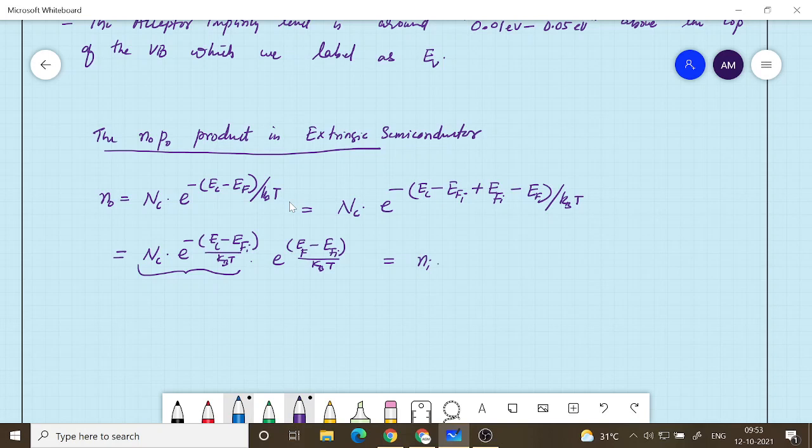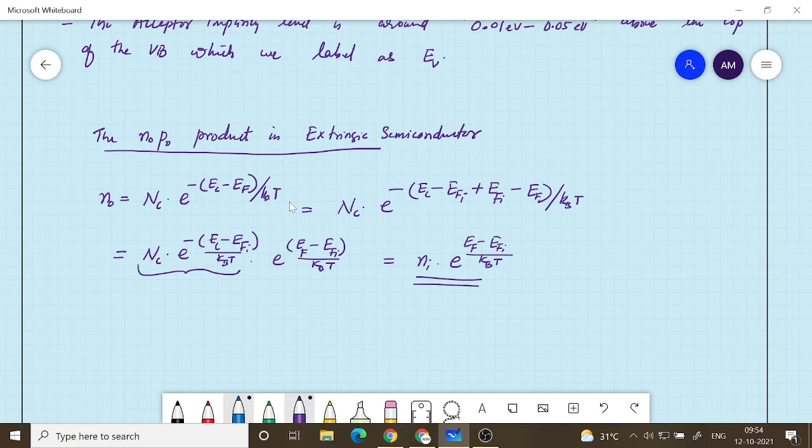So I am substituting that into e raised to (EF minus EFI) by kBT. Again, I am assuming the Boltzmann approximation is valid, which is a good approximation if the Fermi energy level and the bottom of the conduction band are away by a factor of 3 kBT. So under that assumption, I am writing like this.